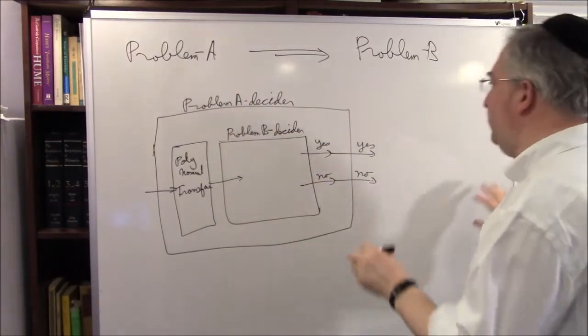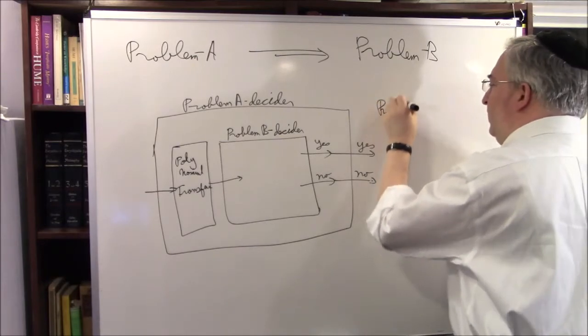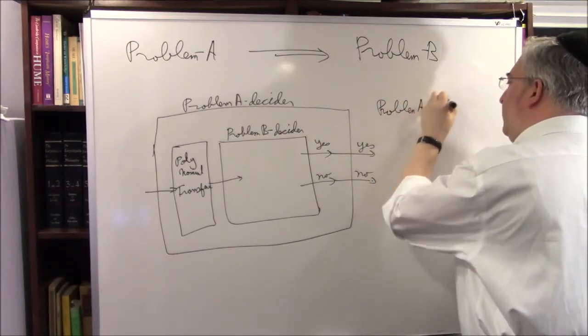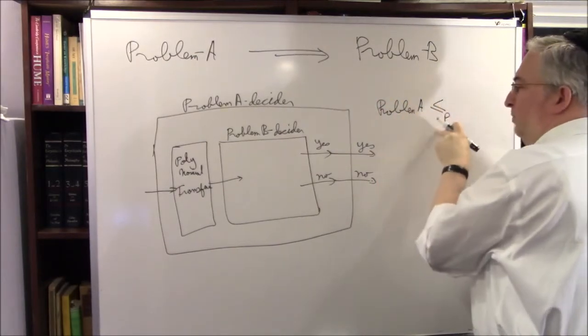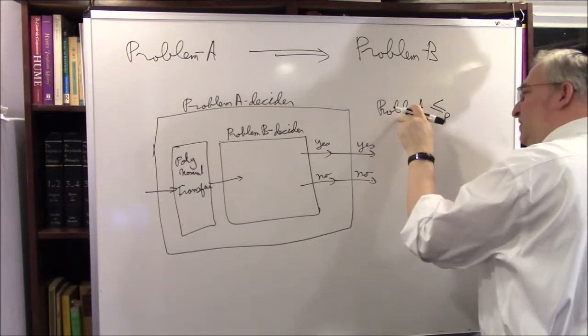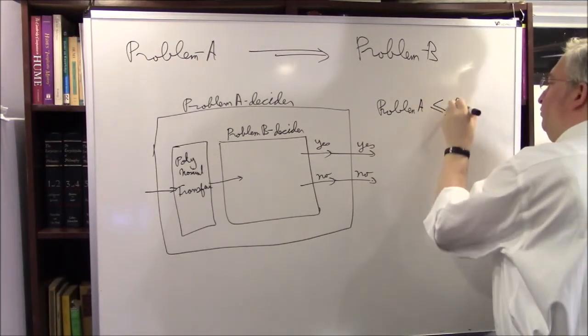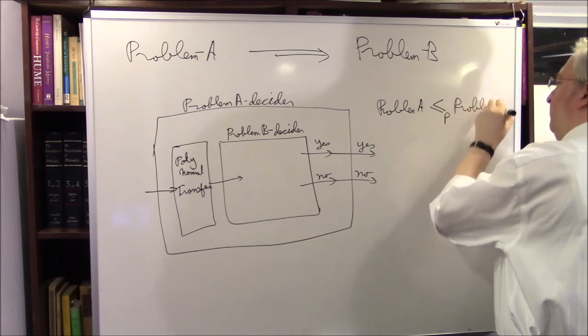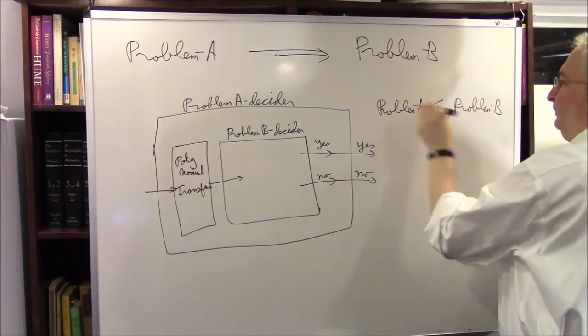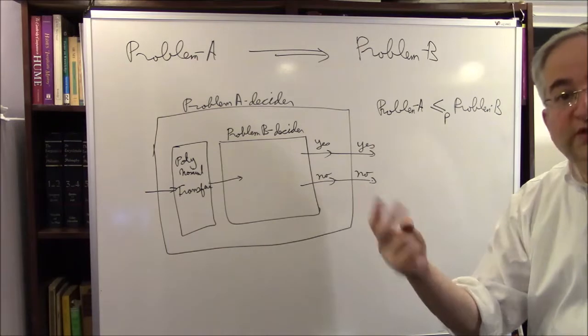And the way we write it is as follows. Problem A is polynomially reducible to problem B. That means A is easier or equal to problem B. Okay, and we had two examples of this.